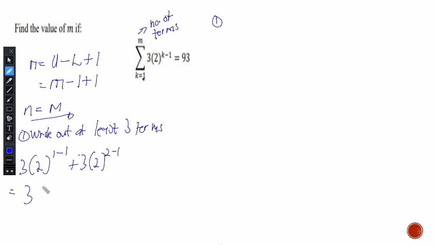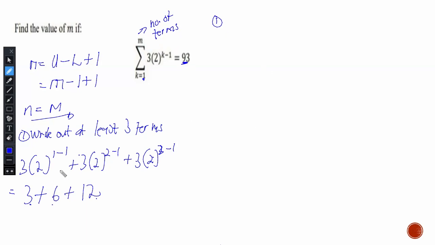Then 3 times 2 is 6. Then we have 3, and 2 to the exponent of 3 minus 1. 3 minus 1 is 2, 2 to the exponent of 2 is 4, and 3 times 4 is 12, right? So we have 3, 6, and then 12, and then we must get to 93.